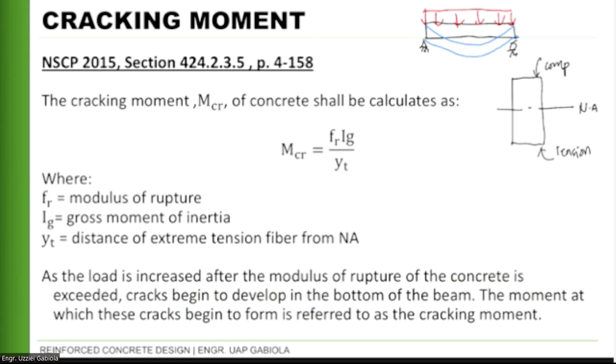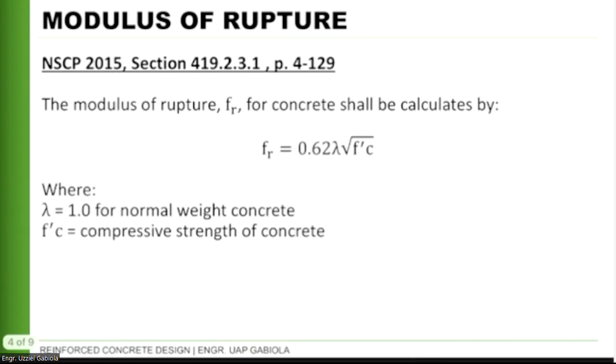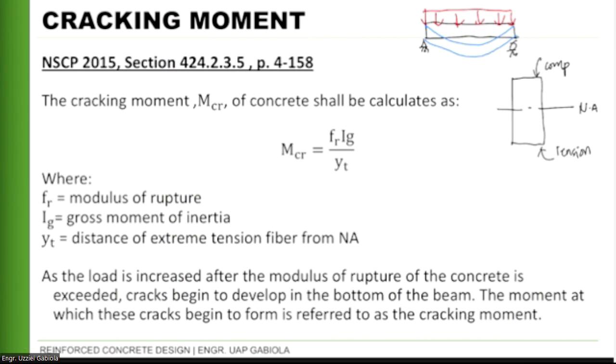These two formulas, the modulus of rupture and the cracking moment formulas, are important in discussing the first stage, because we need to verify if our concrete is really uncracked or not cracking yet.